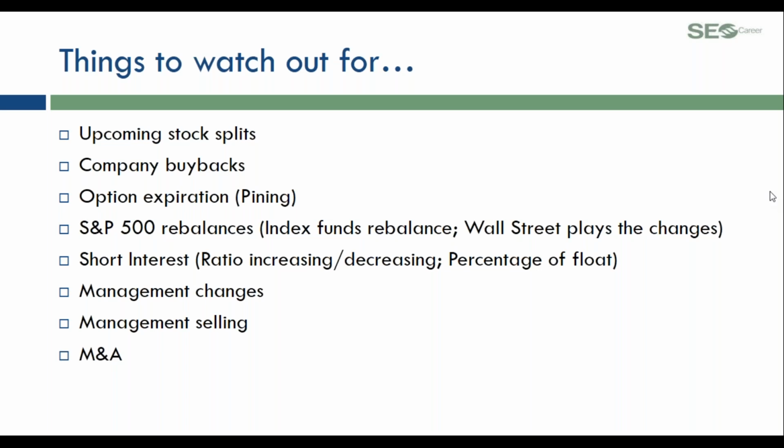So what to watch out for. When you're doing these pitches, always be aware of the catalysts in the company space. Things like stock splits, buybacks, bonds or capital that the company has that are coming due, or any catalysts happening in the market with the company, any deals they're doing, any ratio that catches your eye.